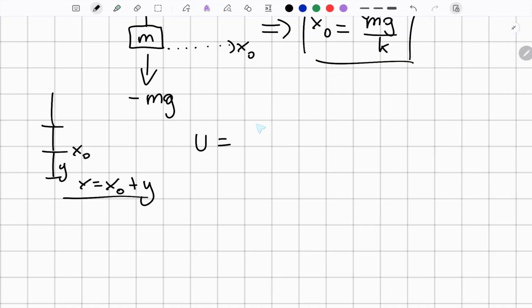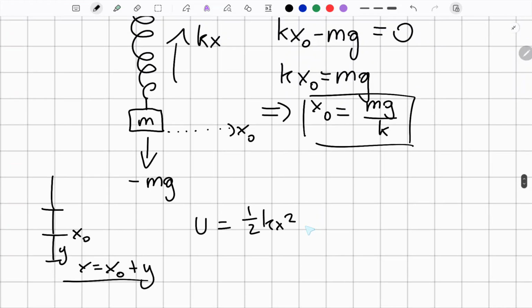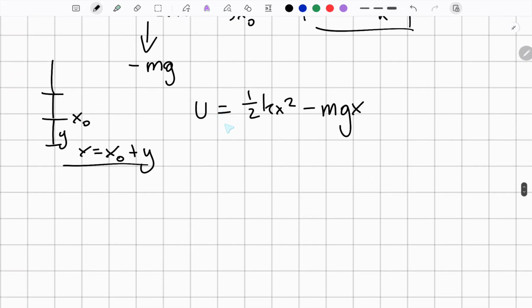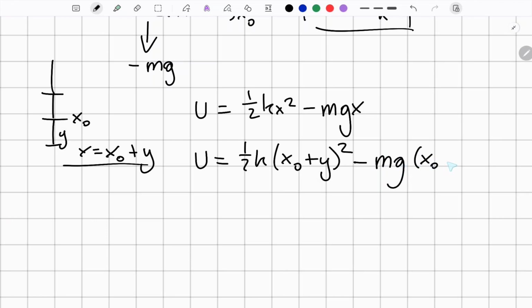Our total potential energy at this time is our 1/2 kx squared from the spring's potential energy minus gravity's potential energy. So we know that x is going to be equal to x naught plus y. So U is going to equal 1/2 k times x naught plus y squared minus mg times x naught plus y.